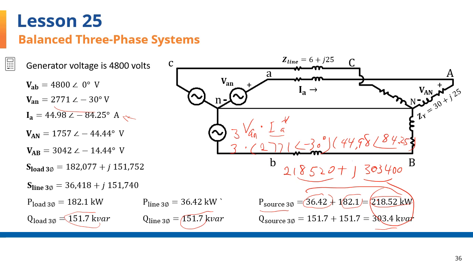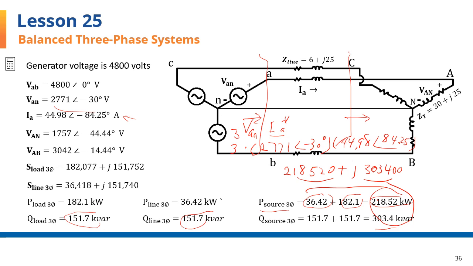We can then move on to calculate the efficiency as a ratio of the power out of the system divided by the power into the system. In other words, the power that goes into the load that does positive work for us, divided by the power that comes out of the source here, times 100 to give us the percentage of the efficiency.